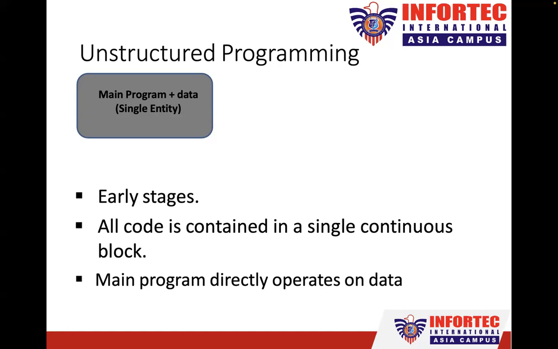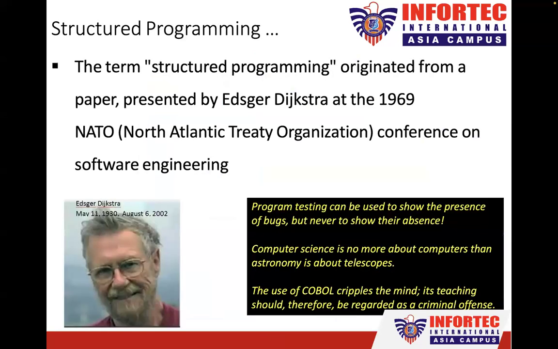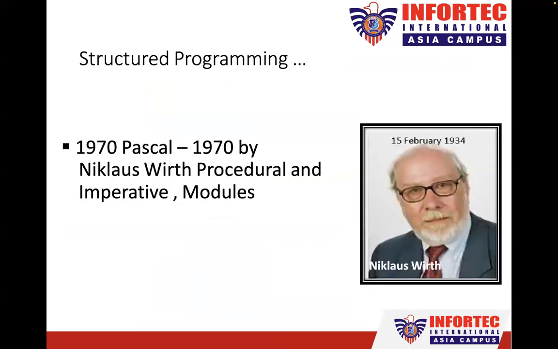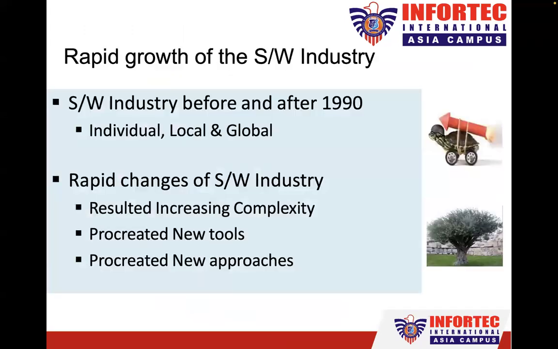Because we don't have any structure there. But when it comes to structured programming, we follow a structure so we can nicely organize the code. So we have those features in structured programming. So after these two types, another thing came to the industry. It is object-oriented programming.